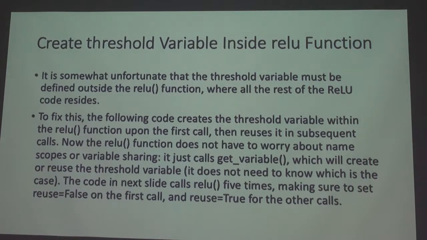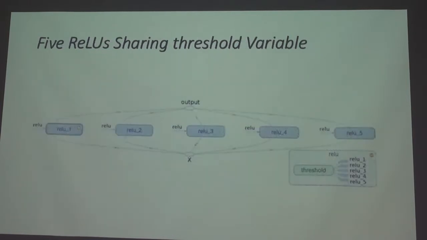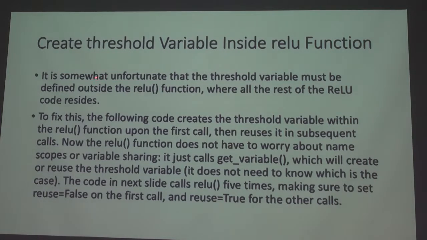If you don't like this, and you want the threshold to appear in each redo function, in each redo block, then it's somewhat unfortunate that the threshold variable must be defined outside the redo function, where all the rest of the redo code resides.